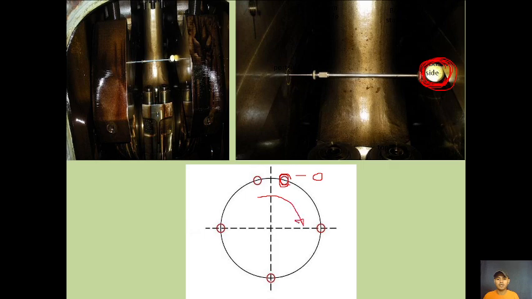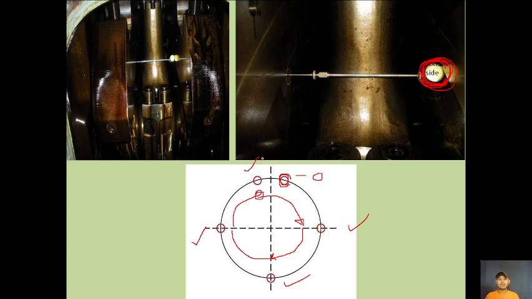When it goes to here, 90 degrees, measure the reading. Then rotate again 90 degrees, to bottom dead center, measure again, and then rotate again 90 degrees, then measure again, and then you put it in here on this part, and then measure it again.